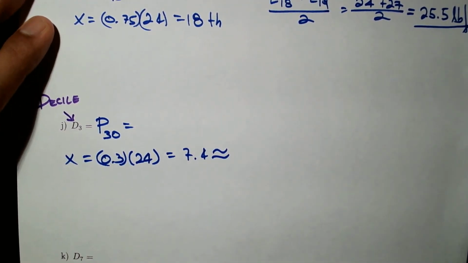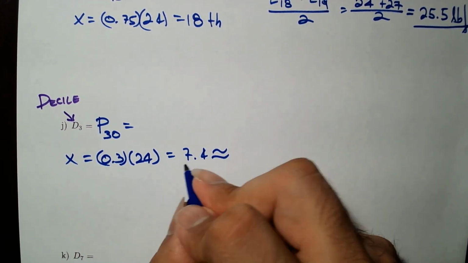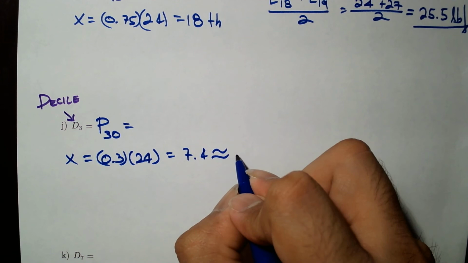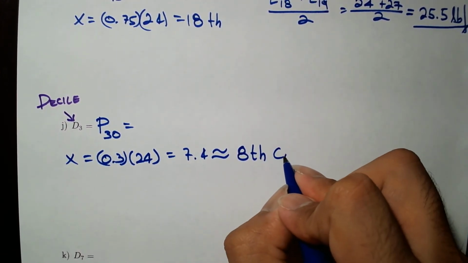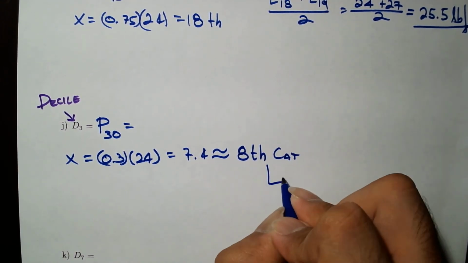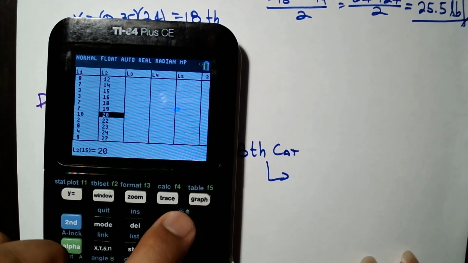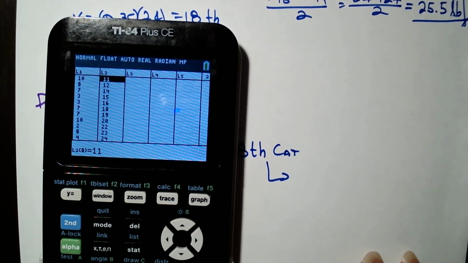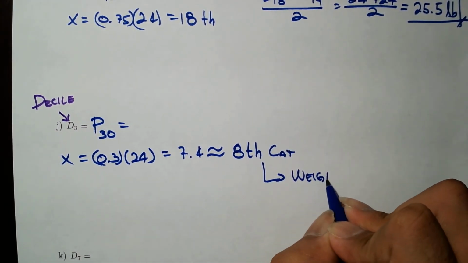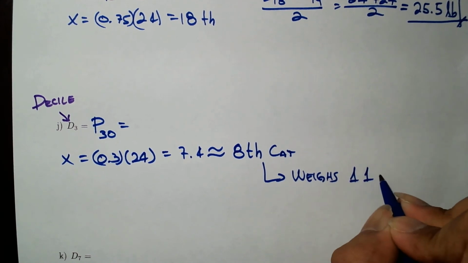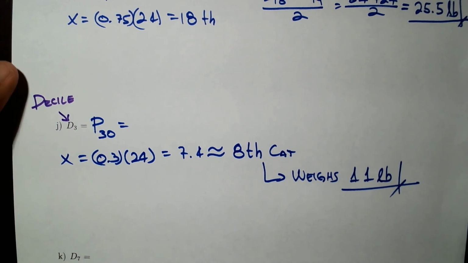And in this case, we no longer have an integer, we have a decimal. This is not a whole number, so we're going to round up to the next, and that's going to be the 8th cat, which is the one that weighs, let's find out, the 8th cat in the list weighs 11 pounds.